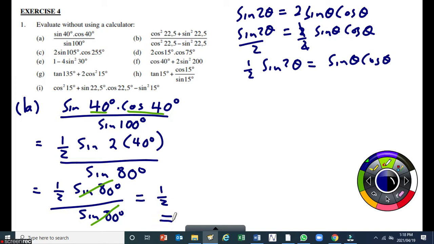I'm doing it without a calculator, but you can test it with your calculator. Check out your calculator, put sine 40 times cos 40. You're all supposed to have your calculators in front of you. Verify that my answer is correct by using a calculator.